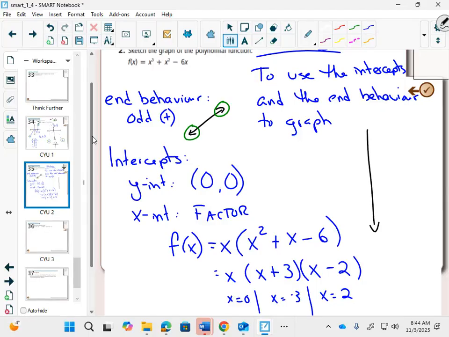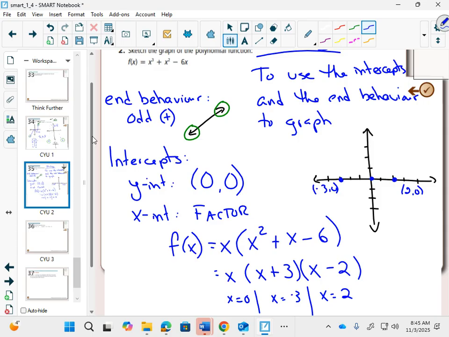So when I go to graph this, and I label my intercepts, I'm going to have 1 at 0, 1 at -3, and 1 at 2. Those are my 3 x-intercepts, (2, 0), (-3, 0).